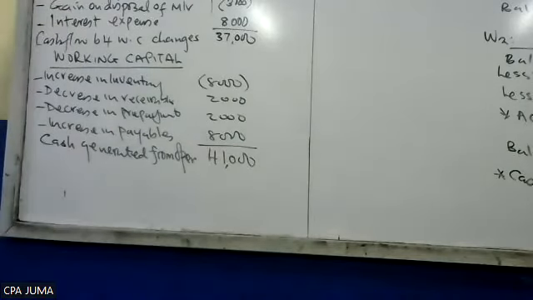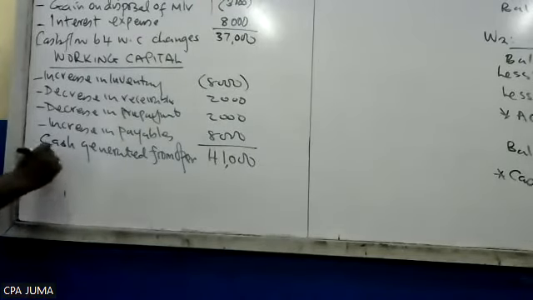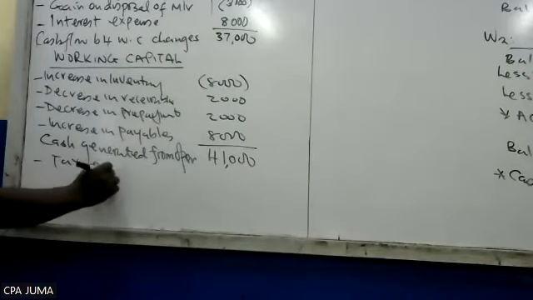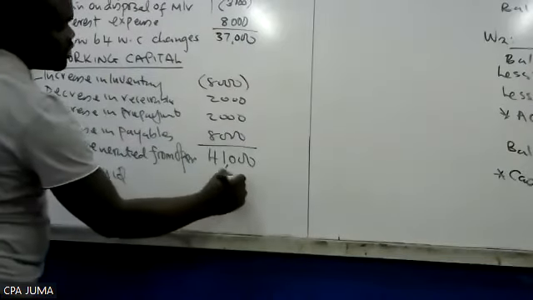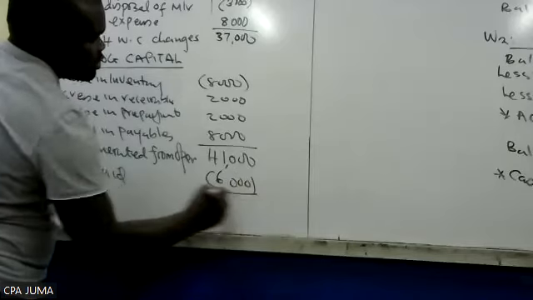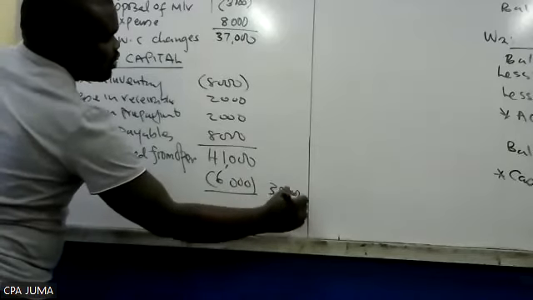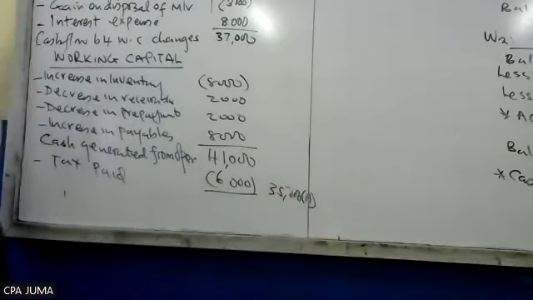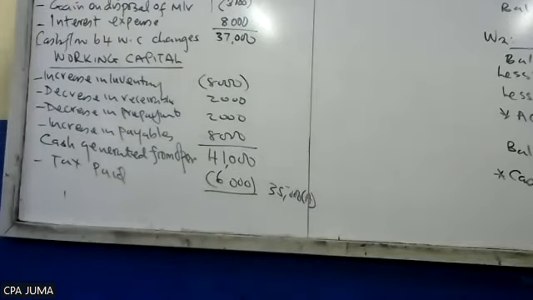Online, does anyone have an issue up to there? And that tax, you say tax paid. Let's take it the way it is. 6, yes. Tax paid, they gave us 35. Call it.